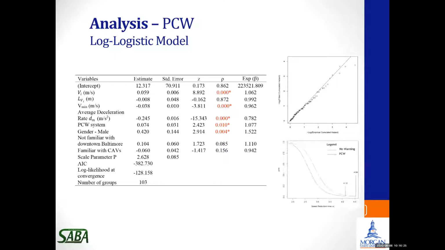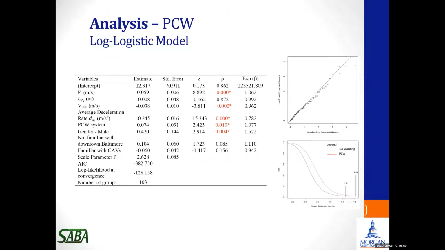Then we have the survival probability that we are showing here. At 3 seconds, there is a large difference between the baseline and the PCW system.